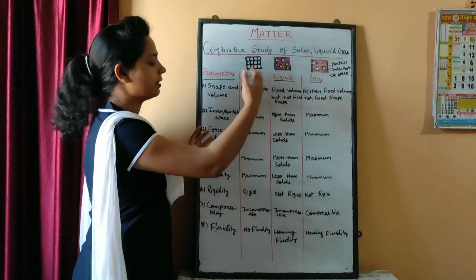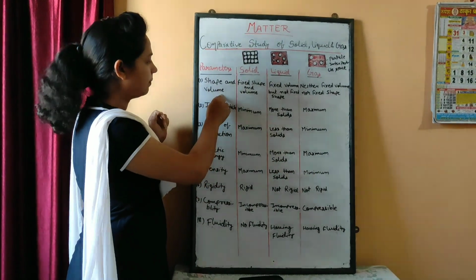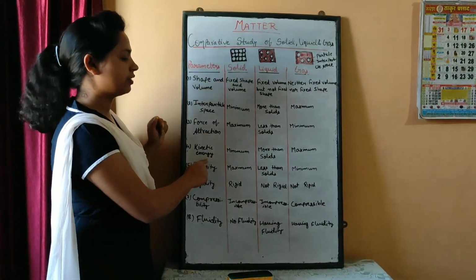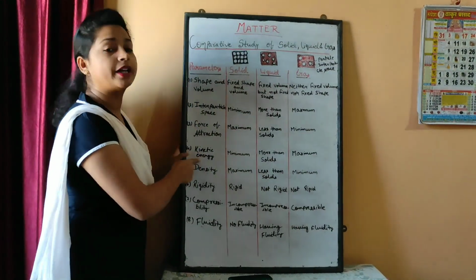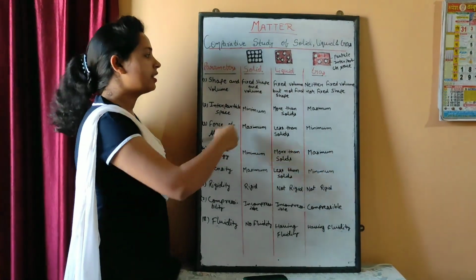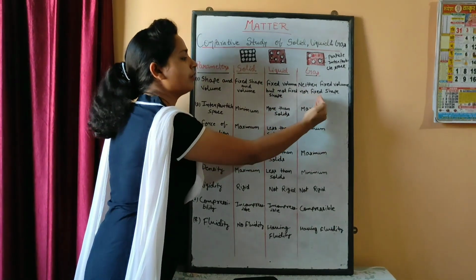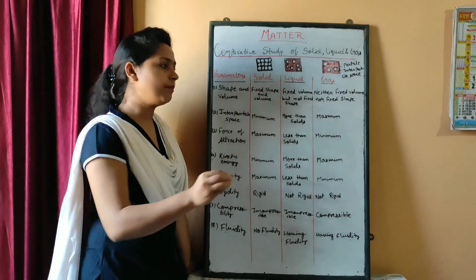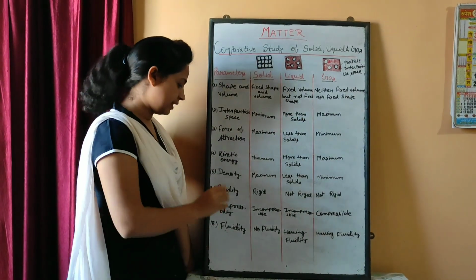So, if we summarize these points: shape and volume, interparticle space, force of attraction, kinetic energy, these are the main parameters which decide the three states of matter. This is the main differentiation criteria between solid, liquid and gas.